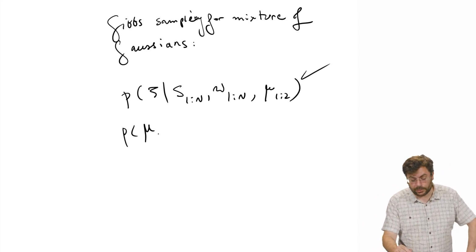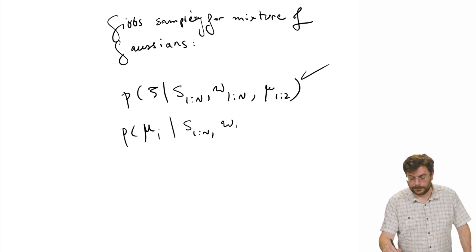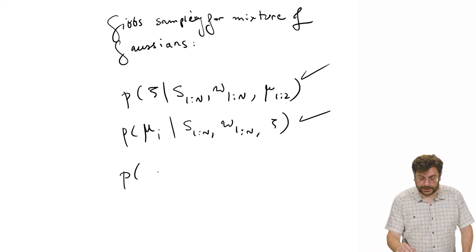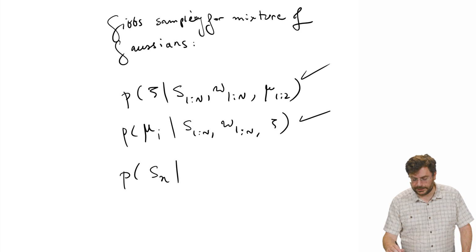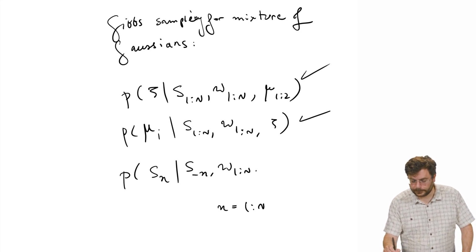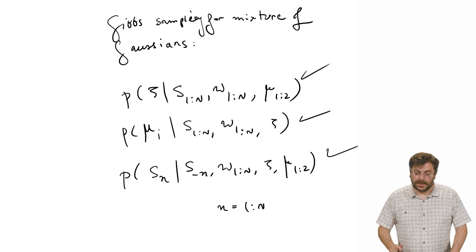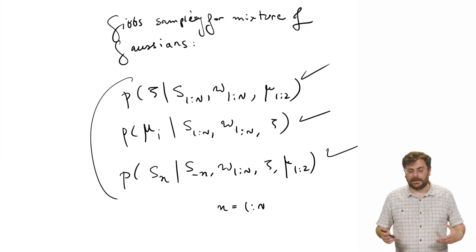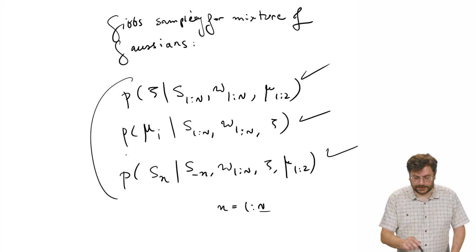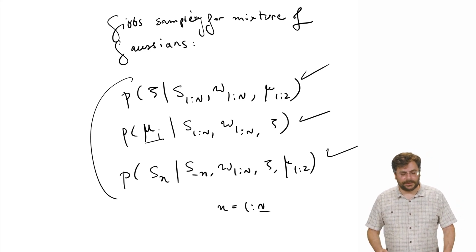We have a P of mu for each one of our mu, either 1 or 2, which we said is normal, and we know how to sample from that. And finally, for each one of our n's, for n from 1 to n, we have a categorical distribution, which we also know how to sample from. So in the end, here we have 2, so n plus 3 steps, and then we subsequently iterate.